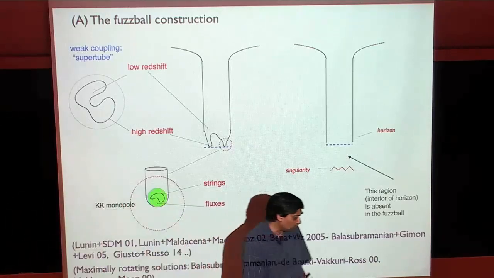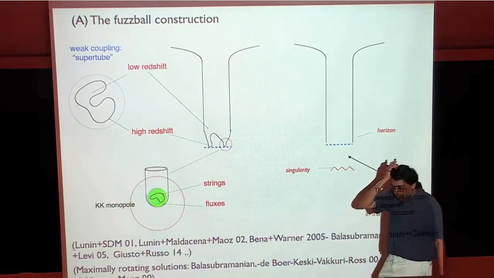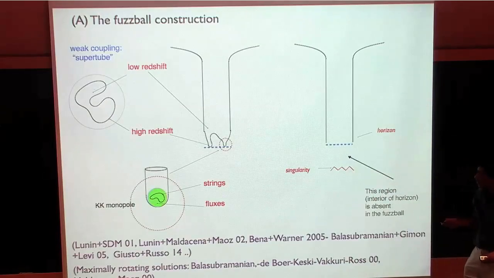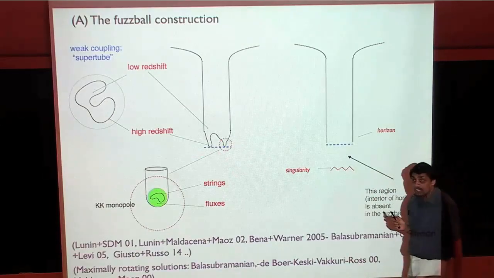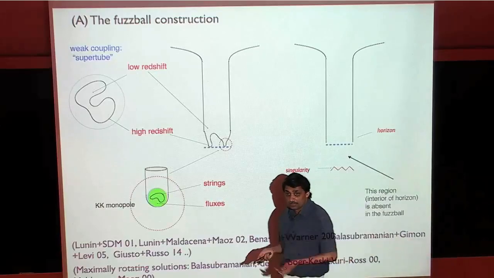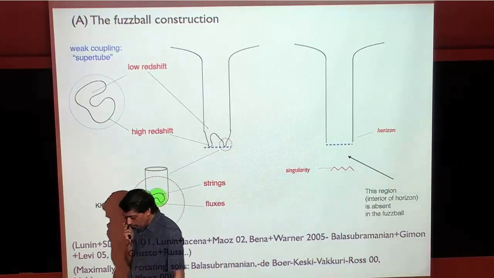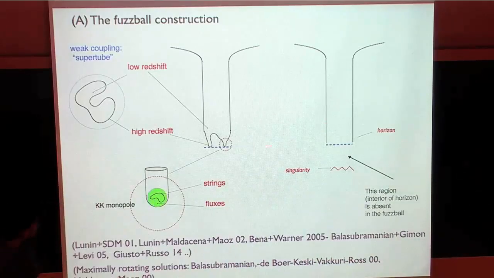There was a nice paper of Gibbons and Warner from a couple of years ago where they went back and explored why we were getting these, because Gary Gibbons was very interested in knowing how come the no-hair theorem was beaten. There were so many theorems before. And it turns out it's all because firstly you have higher dimensions. If you're in 6 dimensions, the solution is non-singular. If you're in 10 dimensions, it's non-singular.